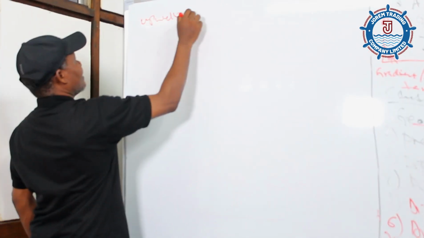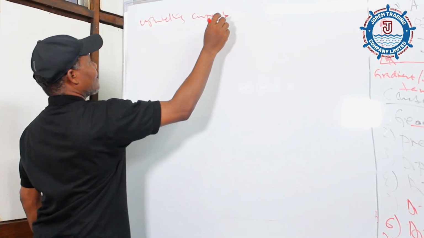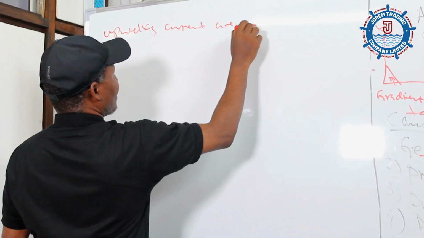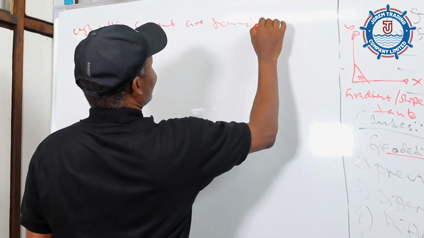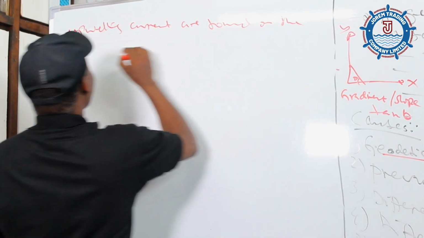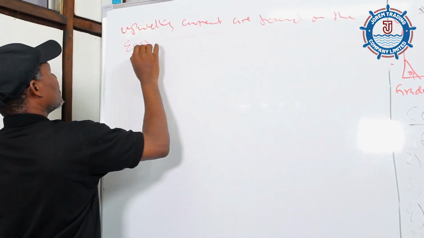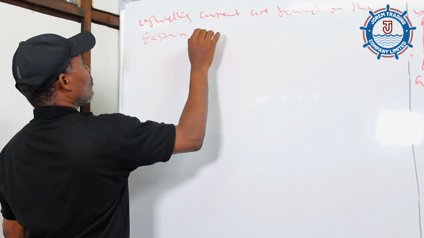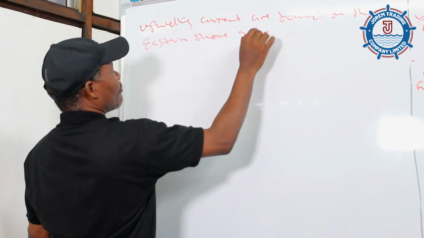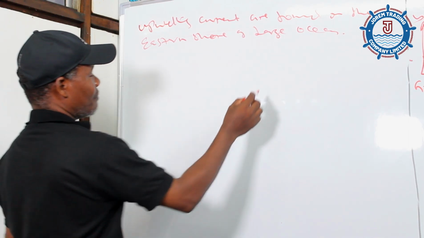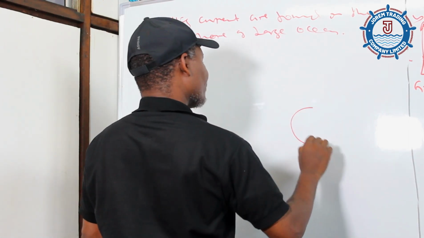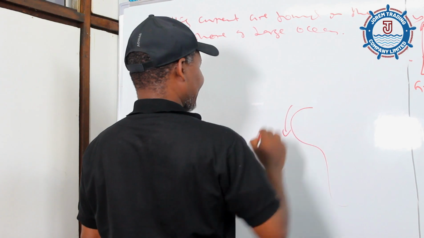Upwelling currents are found or are experienced on the eastern shore of large oceans. For example, as we said before, this is West Africa, we have the Canary Current.